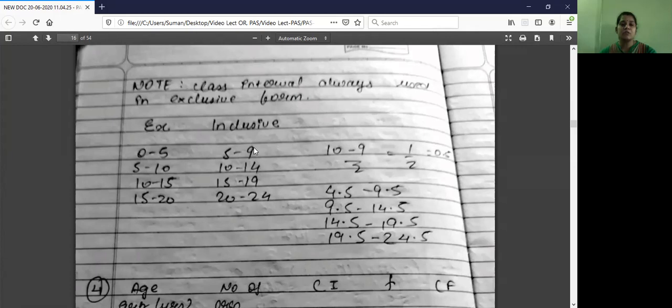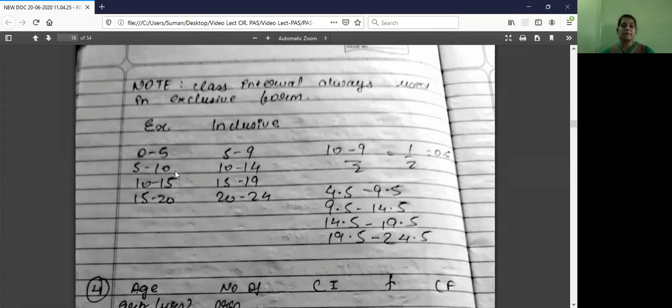What is the inclusive form? In the inclusive form, our interval starts, for example, from 5 to 9. Then our next interval starts from the next value, 10 to 14. The next interval is 15 to 19, and the next interval is 20 to 24.